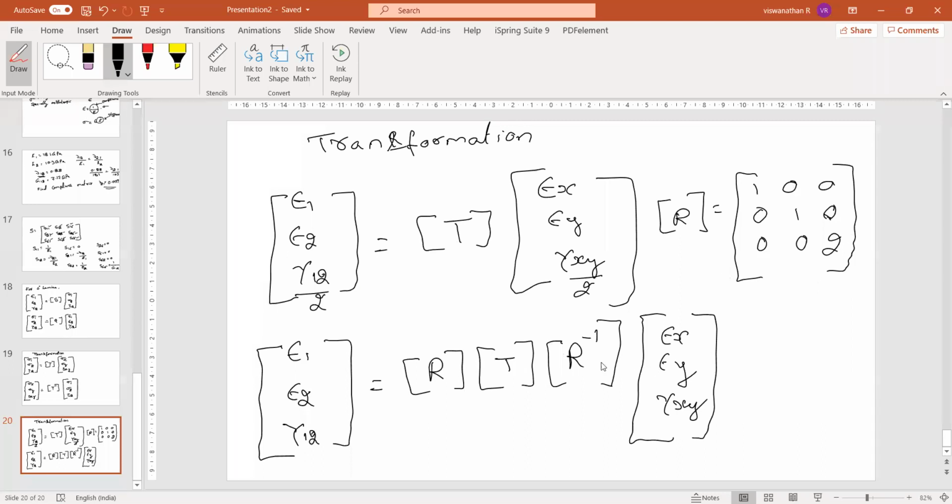How it is defined and how it is derived, you need not worry about it. But what you should understand is this thing and this are both the same. Any doubts in this? You need not know from where this came, but you just need to know this whole thing and this whole thing is the same, where R is equal to this.